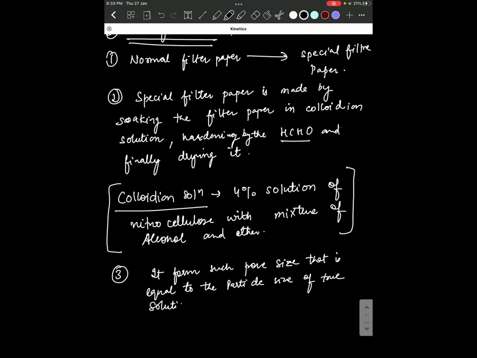So this is the filter paper, and it develops molds in it. If we pass a colloidal particle and solution through it, the solution will pass through this filter. Colloidal particles remain on this paper.